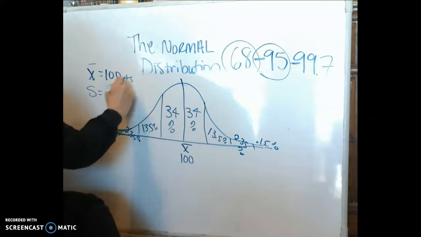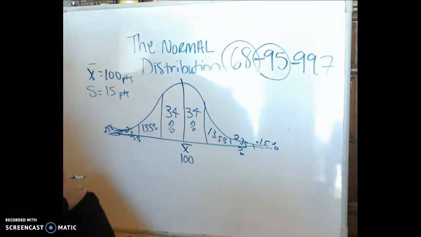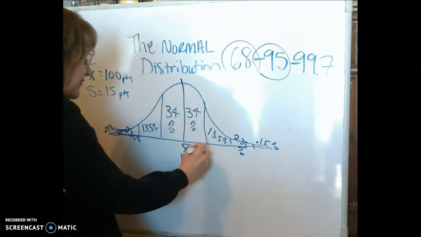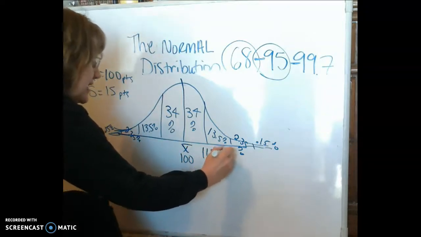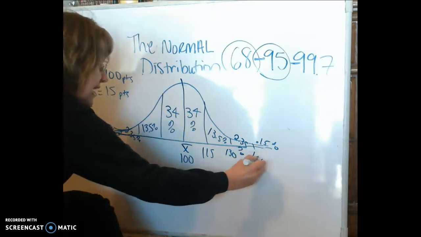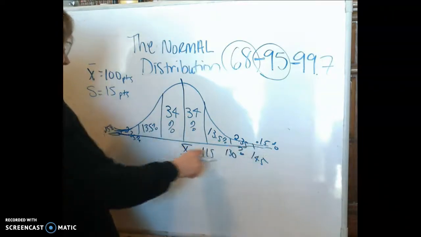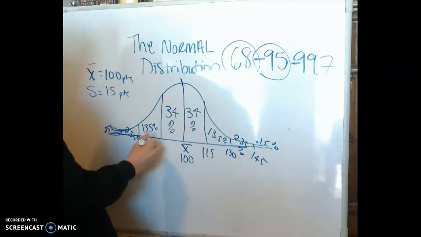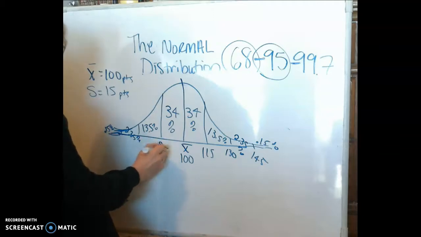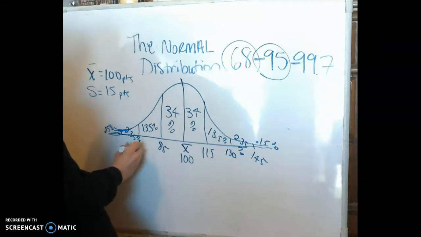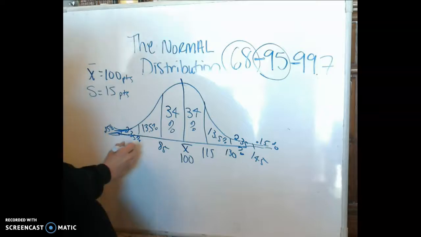So I can add 15 over and over again, so 115, 130, 145, so that's one standard deviation, two standard deviations, 3, and I can subtract. So 100 minus that is what, 85, minus again is that what, can't do mental math today, 70, and then is that what, 55 I think, okay?